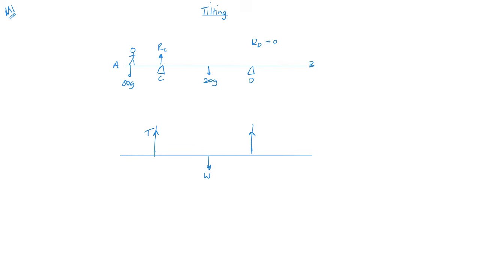It has a weight here, and again, let's call it C and D, and we add a particle of weight, I don't know, 50 kilograms here, and then this is about to tilt about D. When it's about to tilt about D, it's like that rope isn't attached, because it's now in equilibrium without that. And that is what tilting is about.